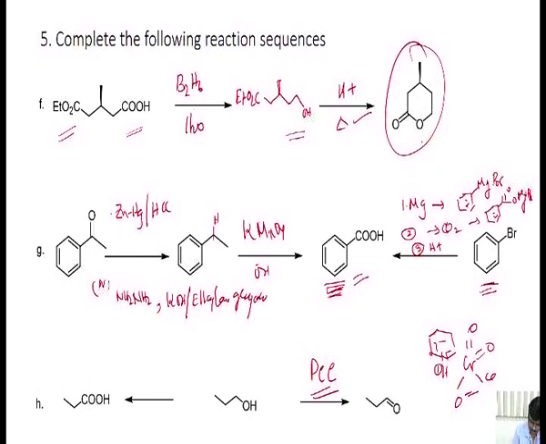It can selectively oxidize alcohol to aldehyde. This reaction can be carried out at room temperature in dichloromethane solvent. It doesn't oxidize aldehyde to carboxylic acid.